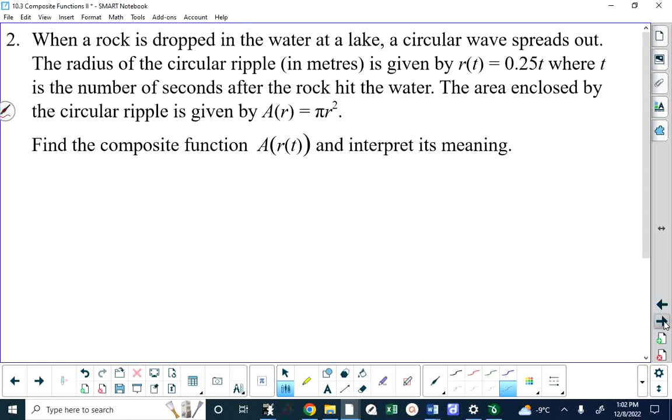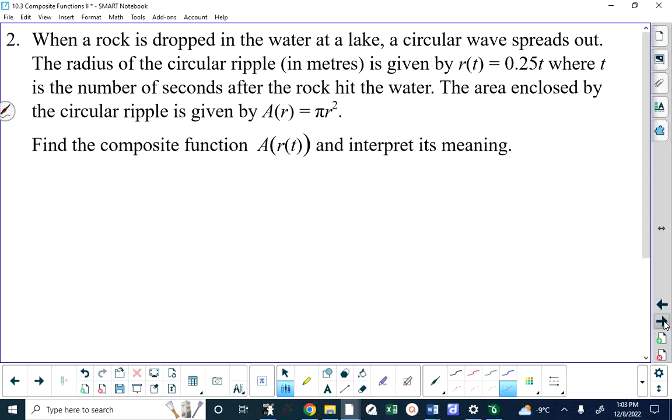All right. Another question, and then we'll get into the compositions algebraically speaking, but another question that you might see on an exam, and unless you've seen this in action, you might be a little confused. When a rock is dropped in the water at a lake, you get a circular wave that spreads out. And the radius of the circular ripple is defined by the time after the rock hits the water.